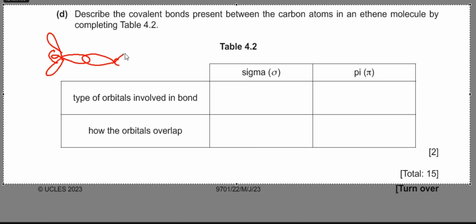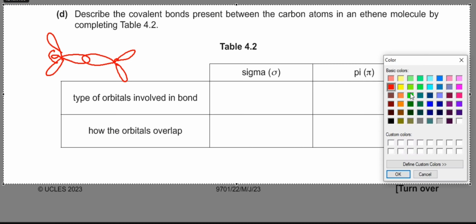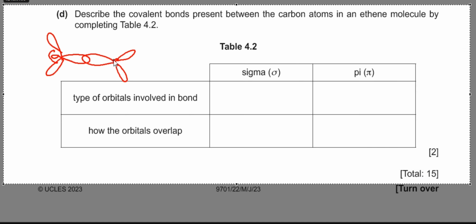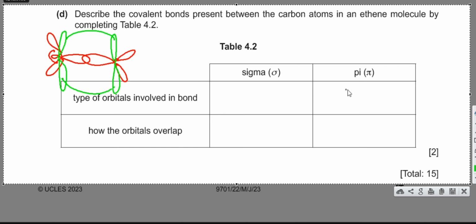These are sp2 hybridized orbitals, but each carbon atom has one unhybridized 2p orbital as well. The green ones overlap from the sideways and produce a pi bond.